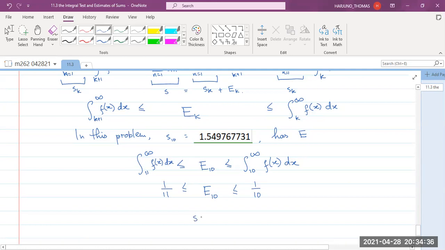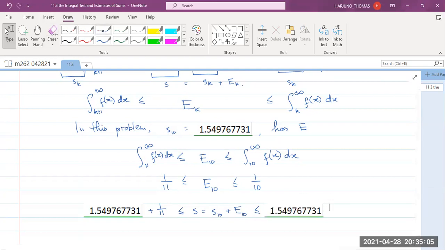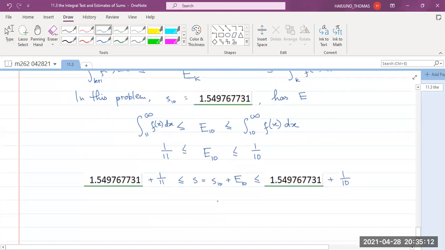In other words, therefore, the infinite sum, which is the 10th partial sum plus the error of the first 10 terms, will be bounded below by this guy plus 1/11, and bounded above by this guy plus 1/10. So the infinite sum will be at most 1.649767731, but at least, what is 1/11?